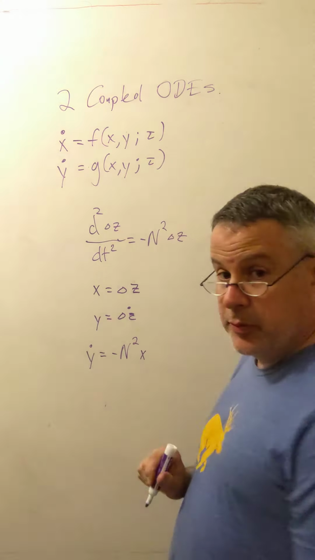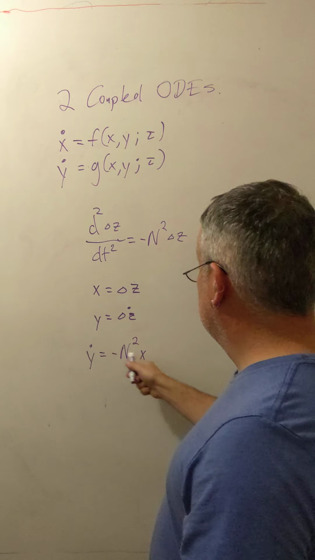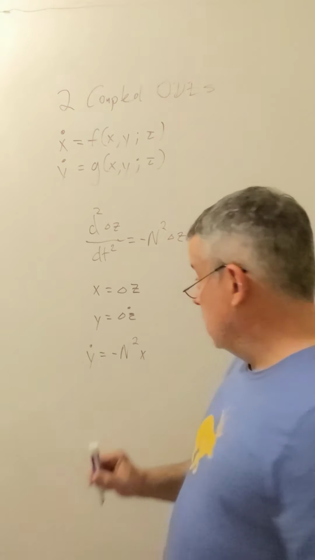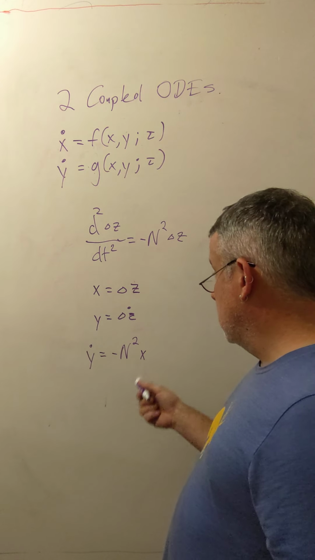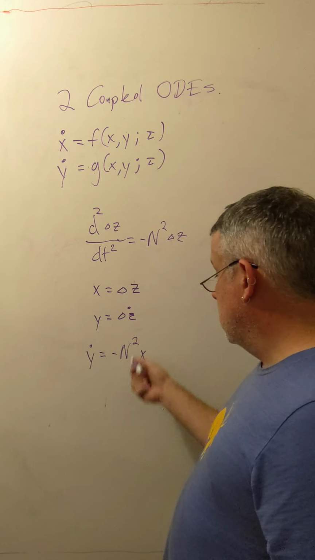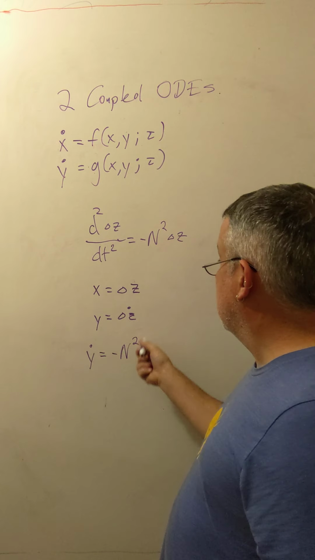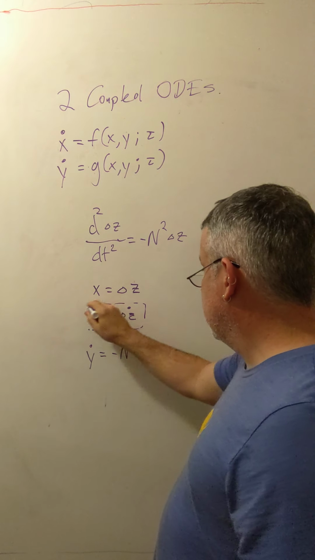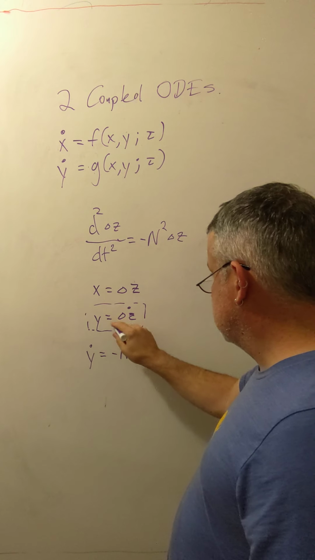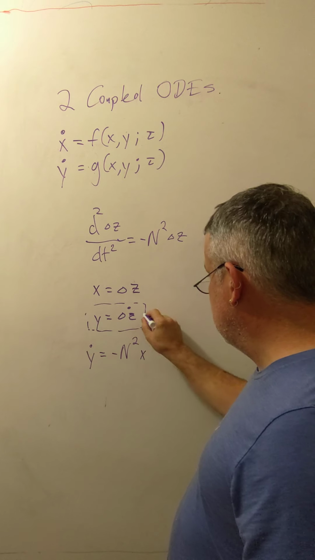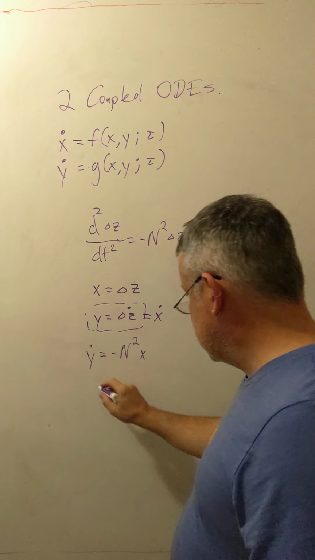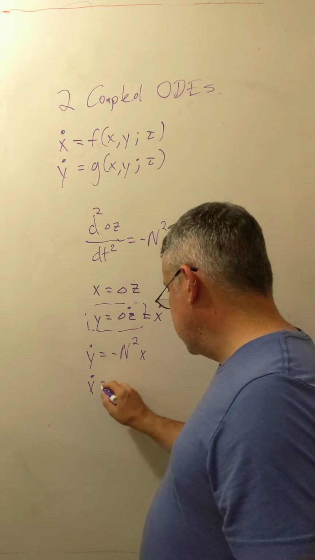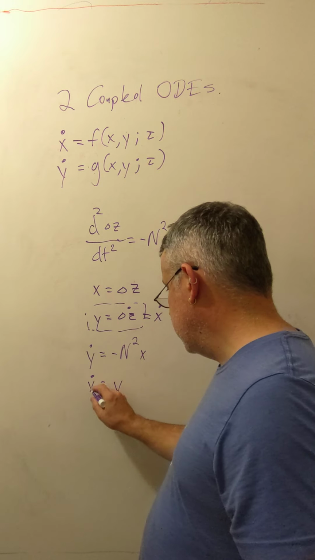That's definitely a coupled equation between x and y. First order. Where's our second equation though? We need an equation for x dot in terms of y. Well, look back here at our definition. That actually says y is equal to z dot, which is just equal to x dot. So our second equation is x dot is equal to y.